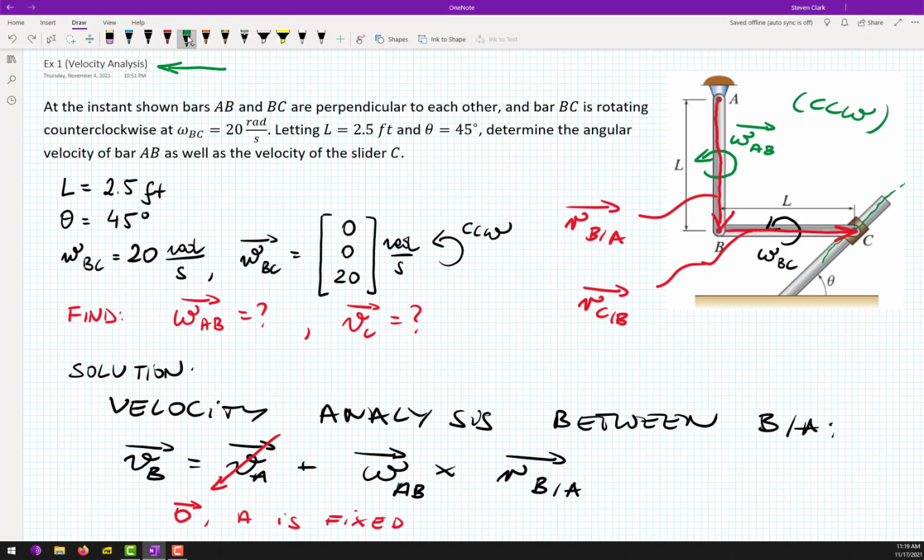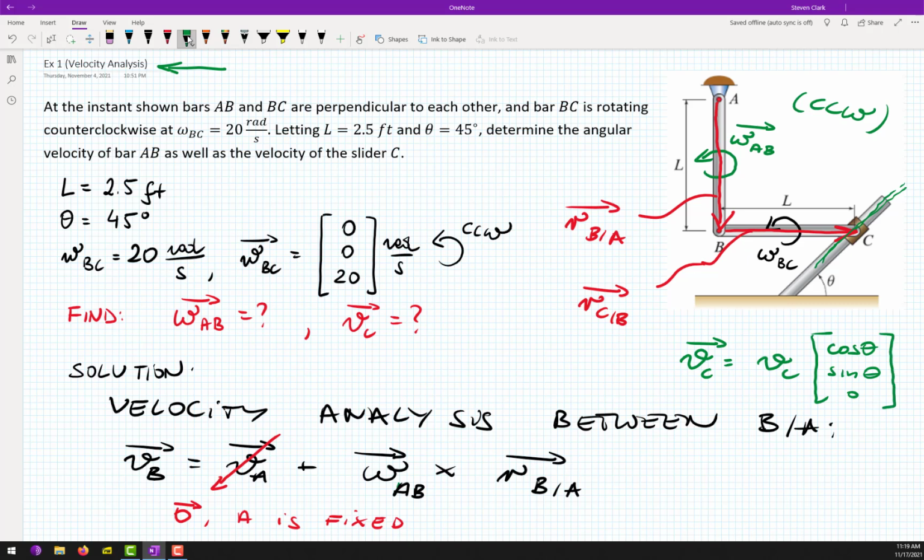You all see that, yeah? Okay, so is that true if I write that V_C vector is equal to V_C times cosine theta, sine theta, 0?